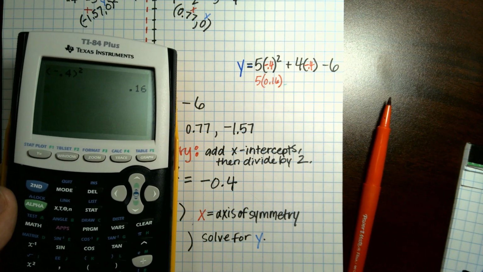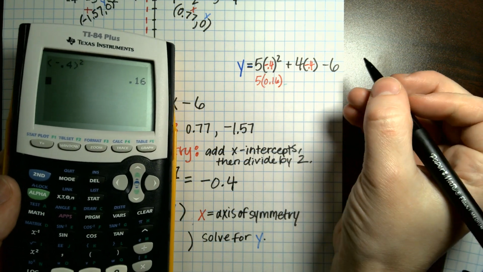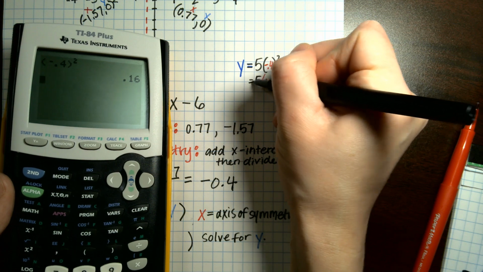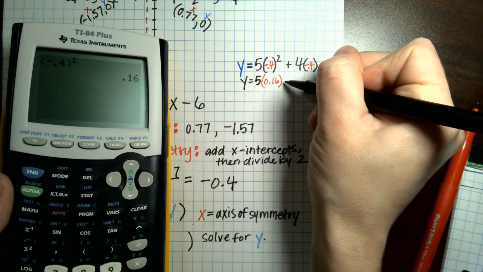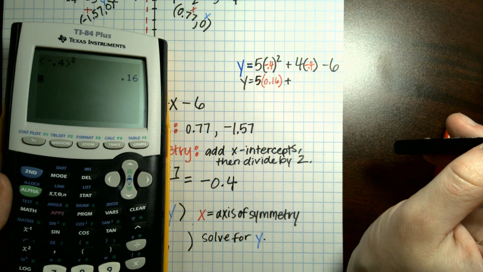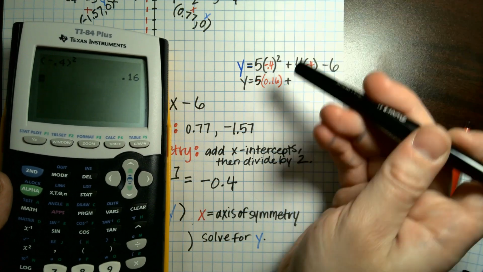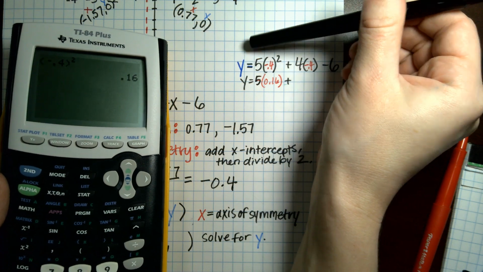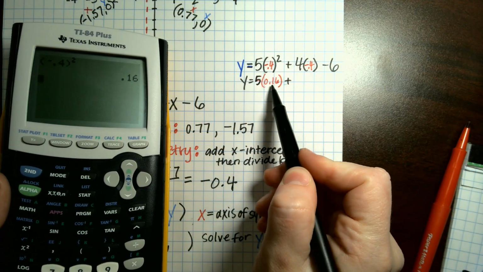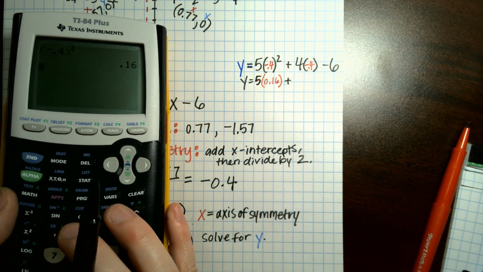And here, I'll keep my numbers how they were. Would we have to do something on it for +4 when we get 0.16? So we have 5 times x squared, so we have 5 times 0.16 first. I confused myself. That's okay.